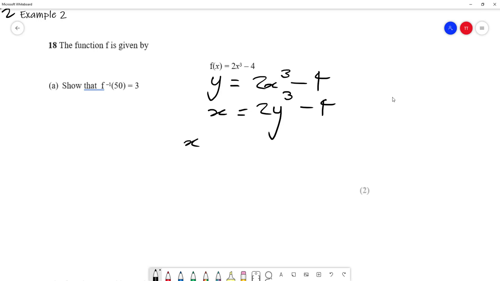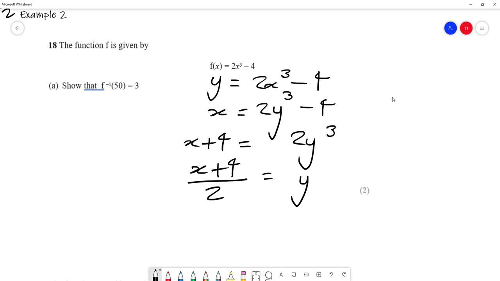So we get x plus 4 equals 2y cubed. Dividing it by 2 now, we get (x plus 4) divided by 2 equals y cubed. To get rid of the cubed, we do something called the cube root.